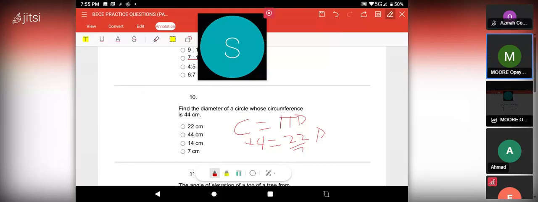You are trying to make d the subject of the formula. You do cross multiplication, and that is going to give us 22d is equal to 7 times 44. Divide all through by 22. 22 cancels 22, 22 can go here too. 7 times 2, 14, right?